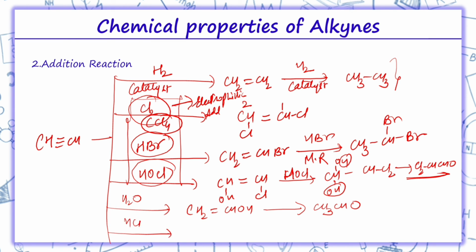Similarly, if we add HCN, we will get CH2 double bond CHCN. These reactions, where nucleophiles are added, we call nucleophilic addition reactions.